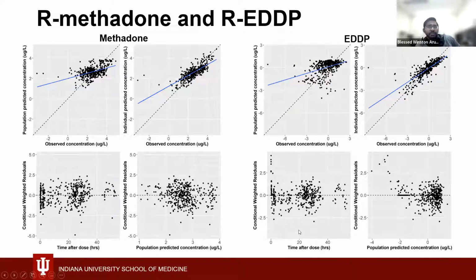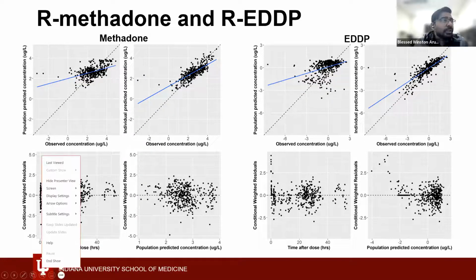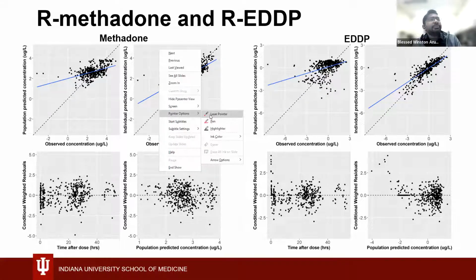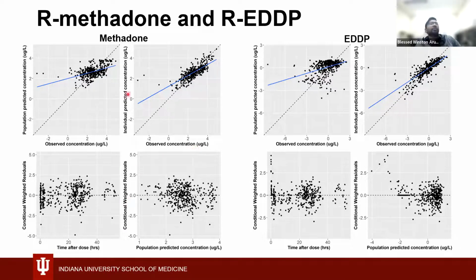These were the goodness of fit plots. Sorry, I'm just trying to find the pointer. Yeah, so the 4 on the left are methadone, and the 4 on the right are EDDP. You can see that there's a reasonably good prediction, and CWRES shows that it's uniformly distributed, so there's not much model misspecification.